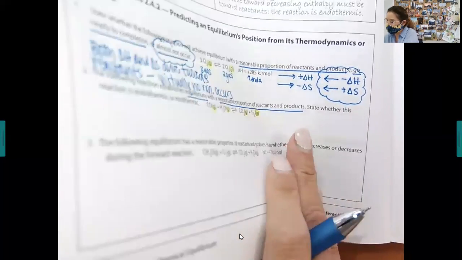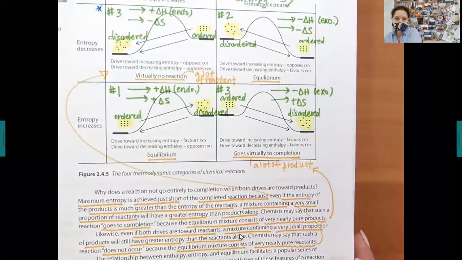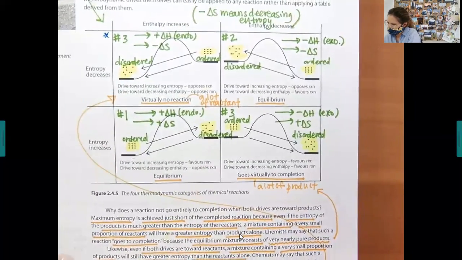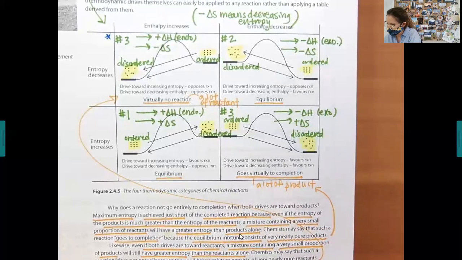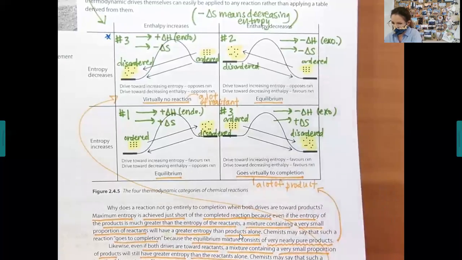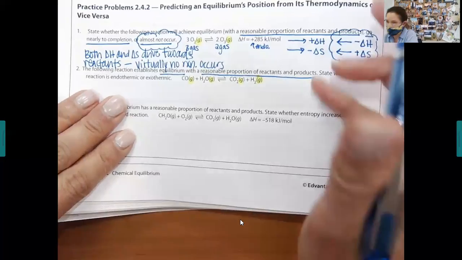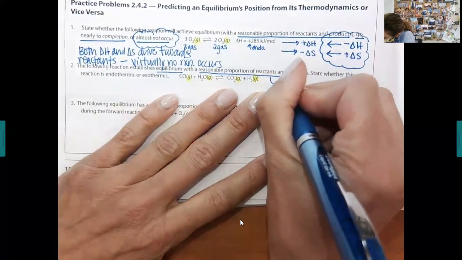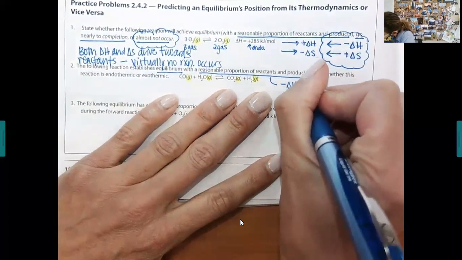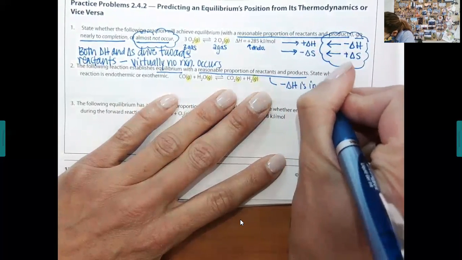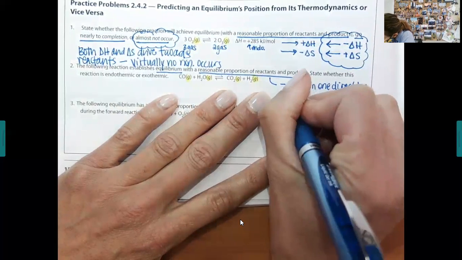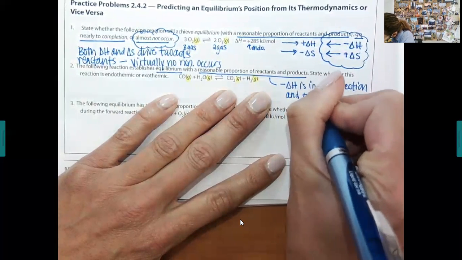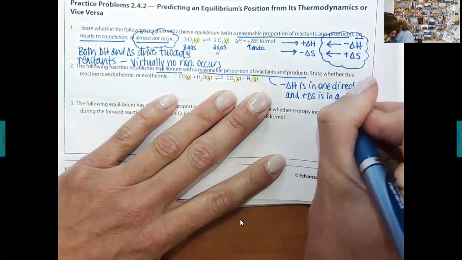So if we have a reasonable amount of reactants and products, that means that you are at equilibrium. So you're going to have negative delta H in one direction, and you're going to have positive delta S in the other direction. So I'm just going to make a note that negative delta H is in one direction, and your positive delta S is in another direction.